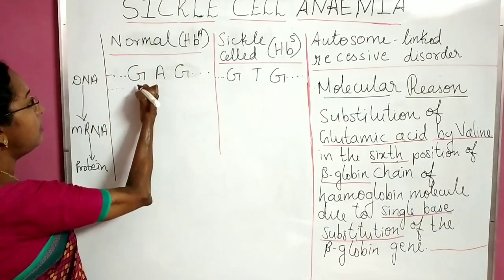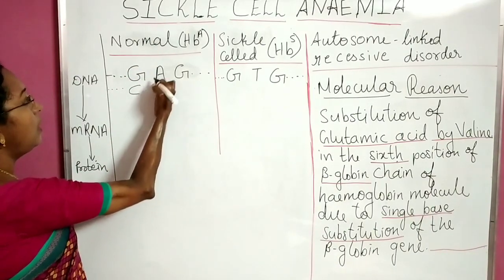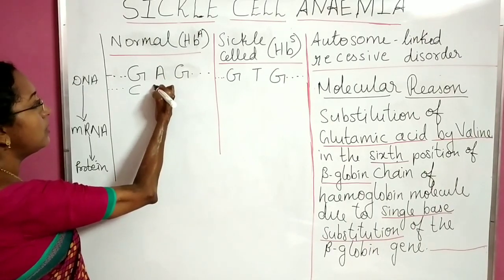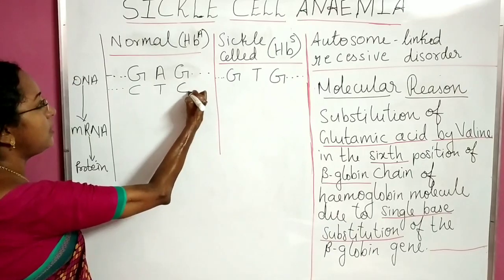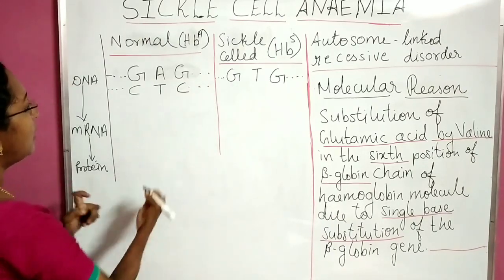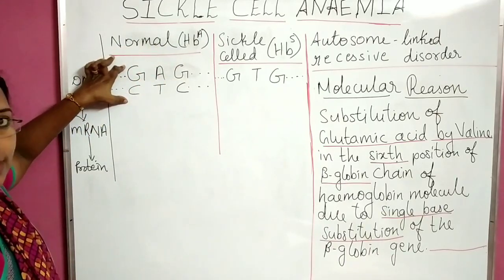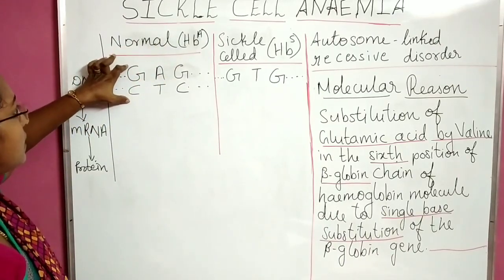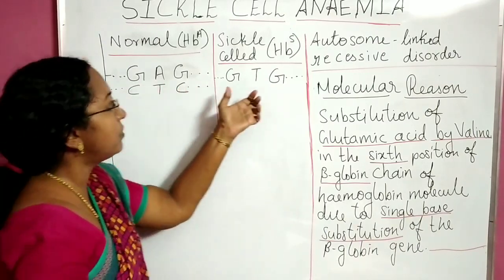G, that is guanine, will pair with which one? Cytosine, C. A, adenine, will pair with thymine, T. Again, G will pair with C. So what I have written is, I have made this single-stranded DNA into double-stranded. I have written the two strands of DNA. In the same way I can write for this also.